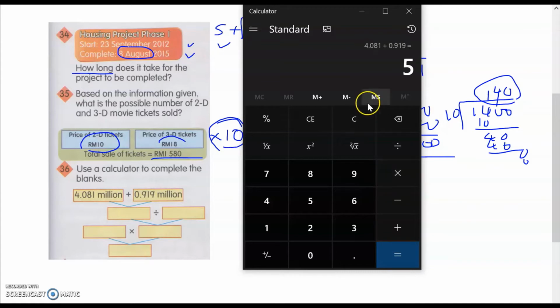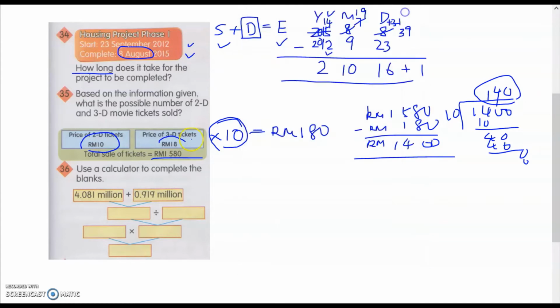So my answer will be 5 million. Okay, so I write here 5 million. Again, there's no one answer for this question. You can write any kind of number inside as long as the calculation is correct.